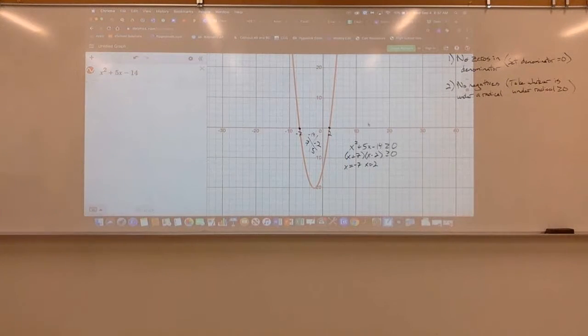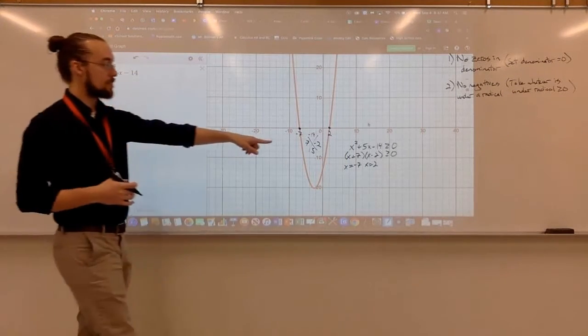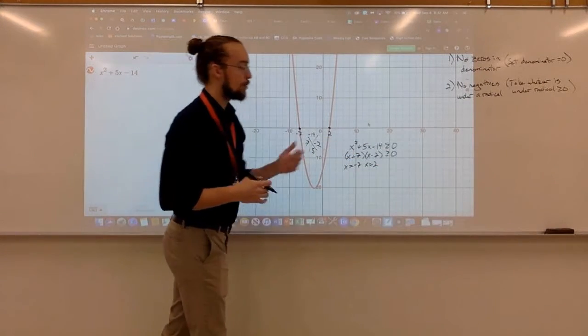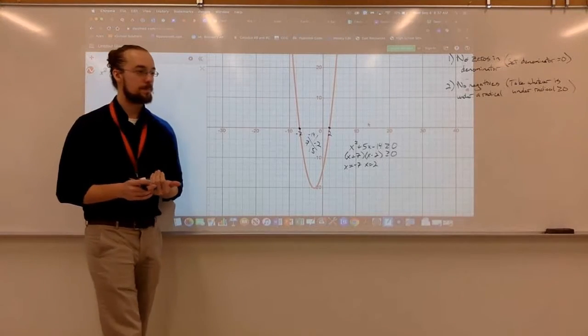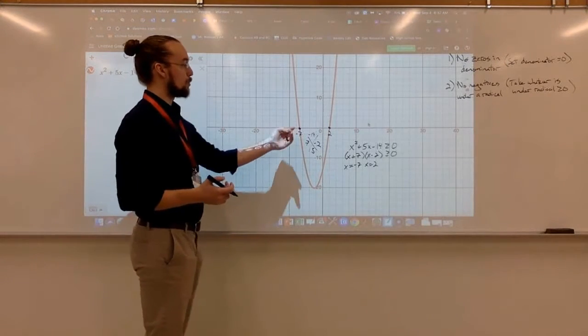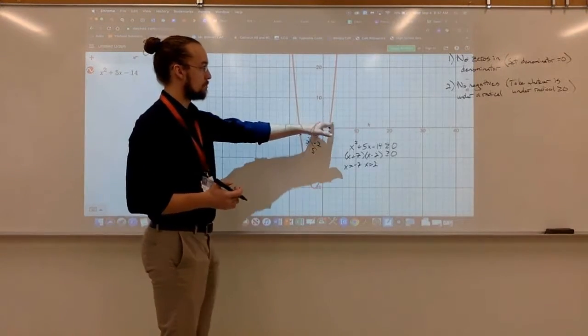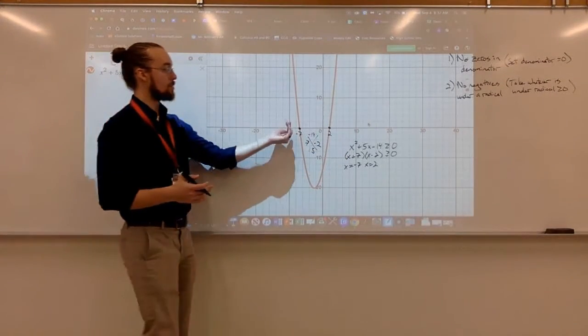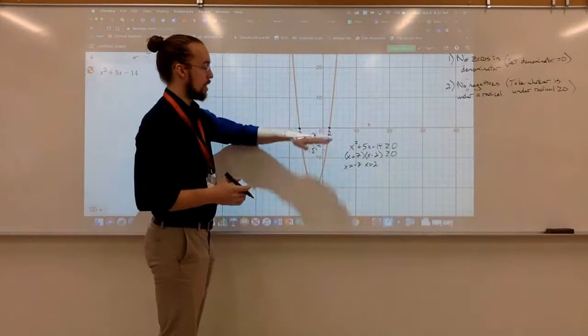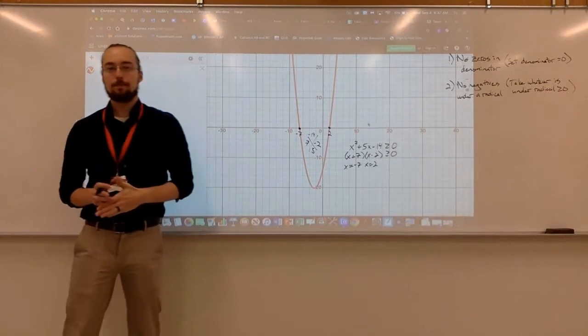So visually what we're saying is, where is this parabola greater than or equal to 0? Well, hopefully visually we can see it's here and here, right? The y values are positive on these two parts of the parabola and negative here.